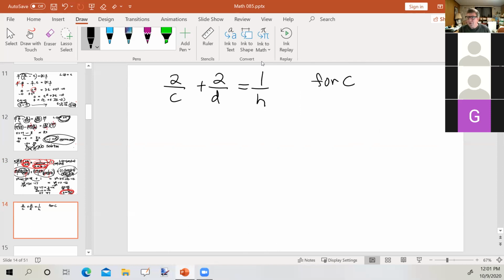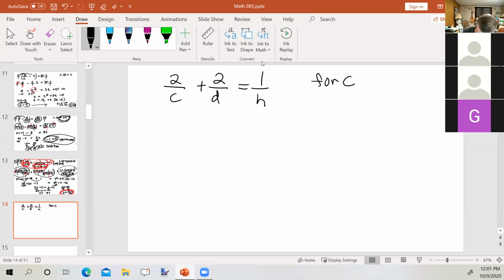Okay? So our approach is going to be the same as before in that we're going to clear the fractions because I need to get C by itself. Now, if you look at the first term, 2 over C, if I somehow got rid of the 2 in the numerator, I still wouldn't have C. I'd have 1 over C. C needs to be up on top.